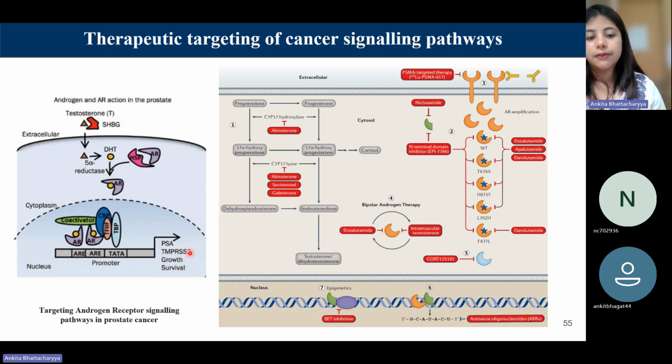Example being ERG and PRIS2, and it will drive this increased growth and survival of prostate cancer when there is onset of the disease.